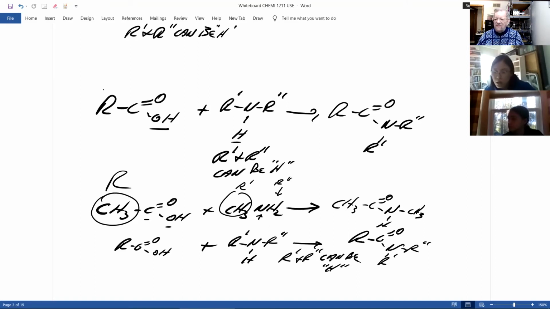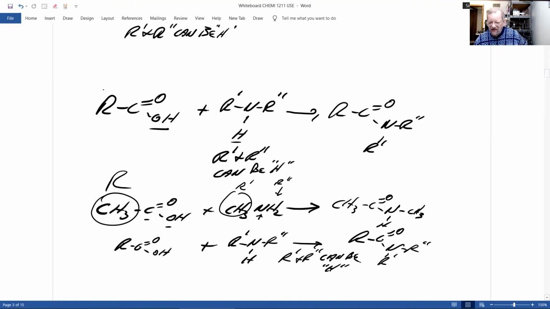Now, one thing I should point out, there's another way of writing this, which I'll write over here. Either way is acceptable on a test. And that's just like with carbon, you put the hydrogen to the right and then CH3. And either one of these is acceptable on my test or in real life. And that's how you make an amide.